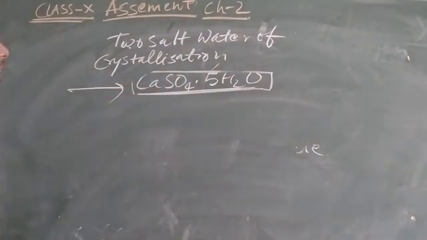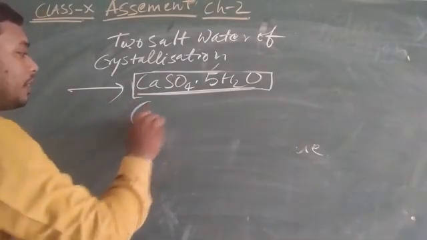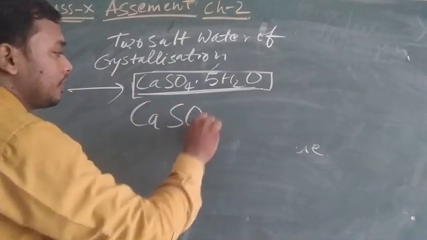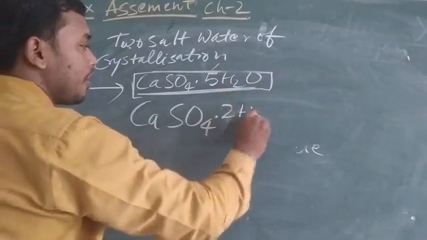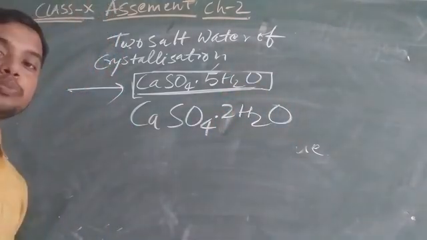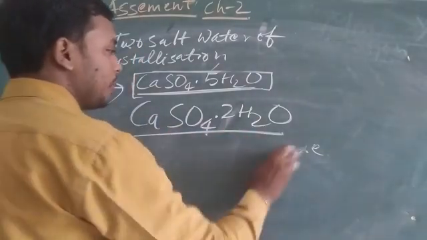First is calcium sulfate dihydrate, CaSO4 into 2H2O, whose common name is gypsum.